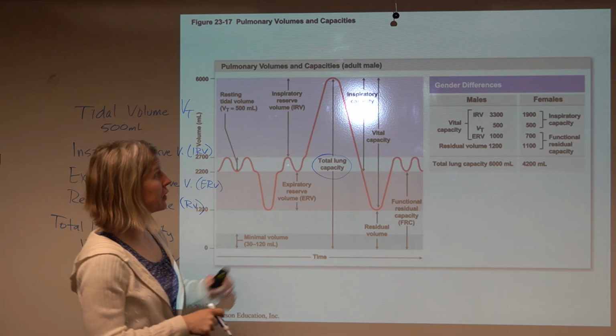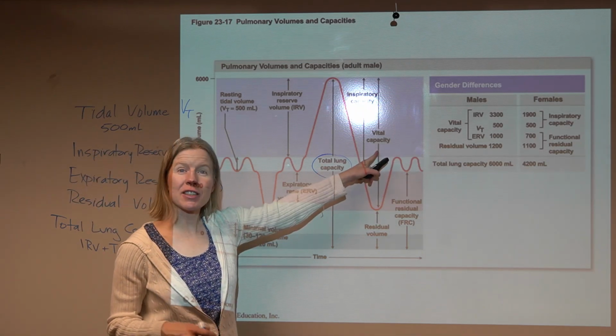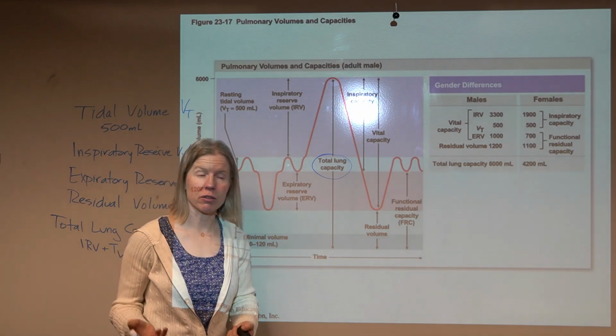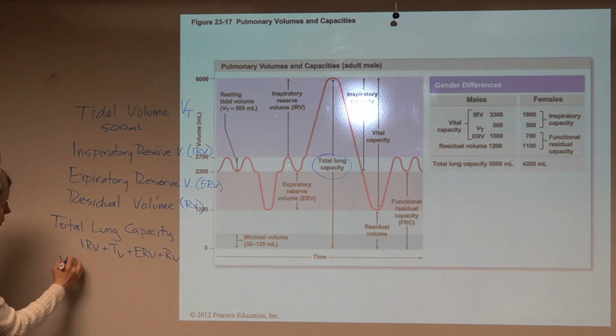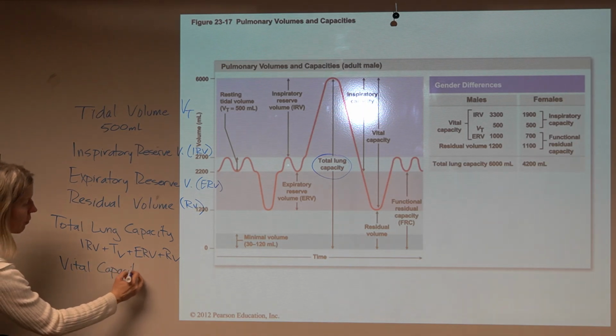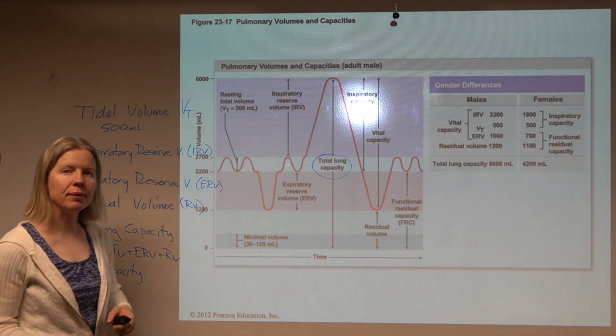That is your total lung capacity. Notice how that's different from vital capacity. I'm going to skip one. Vital capacity includes everything except residual volume. How would you describe that?